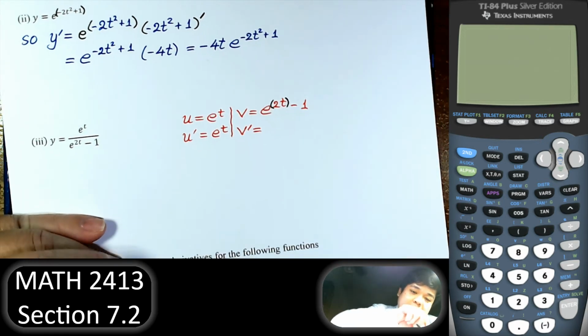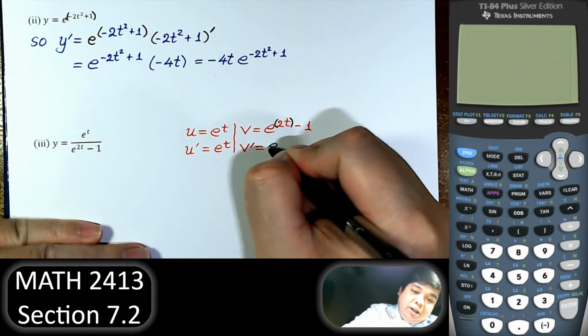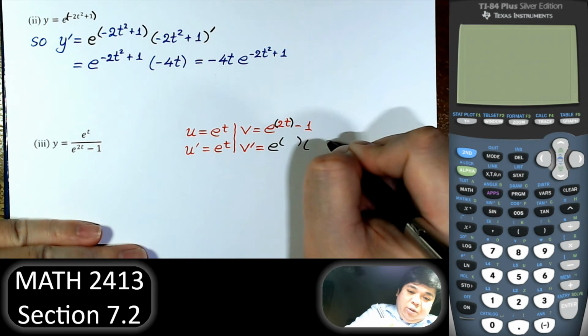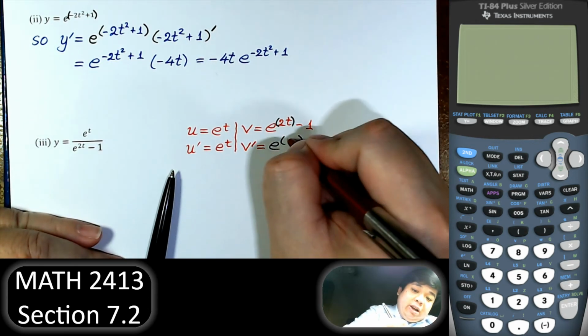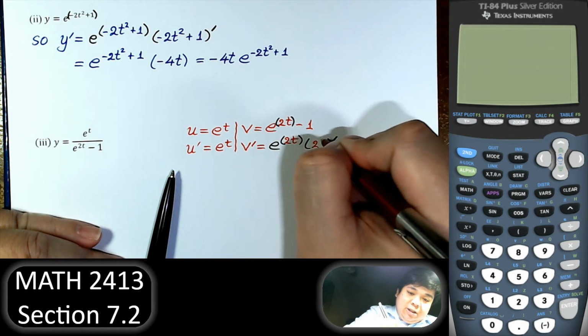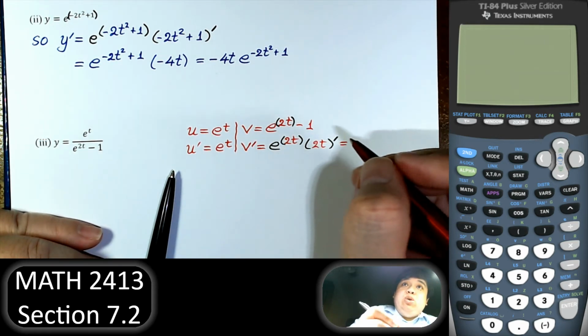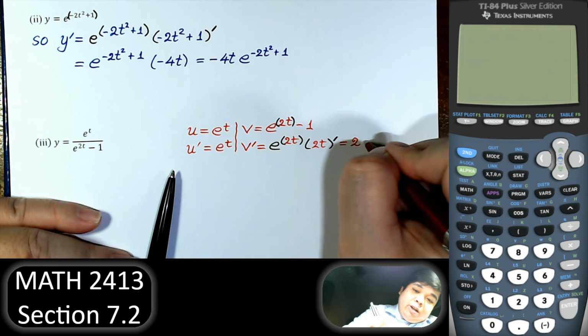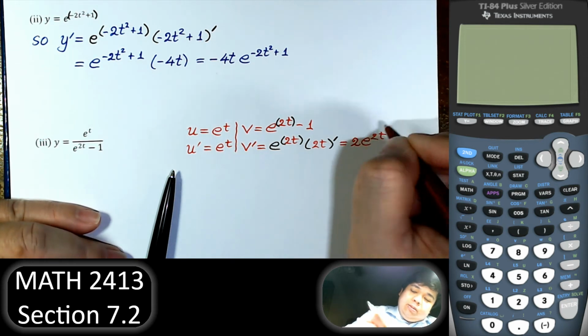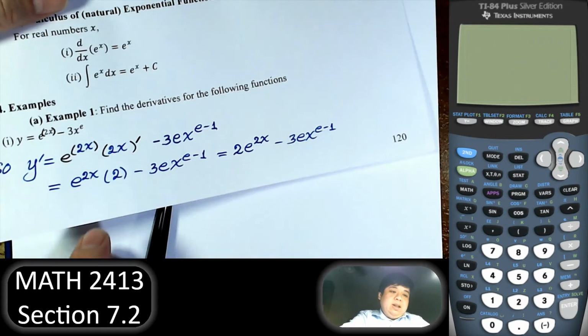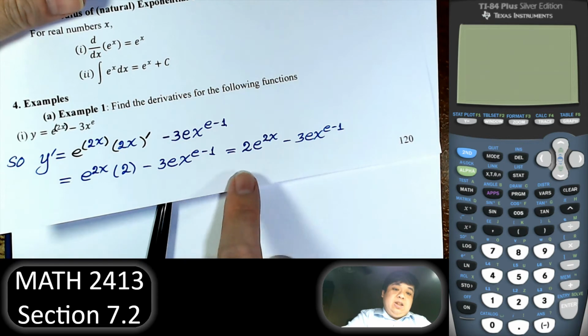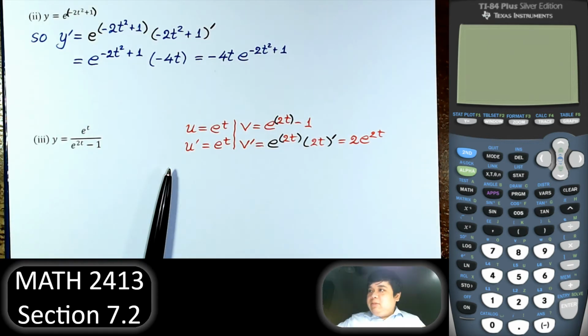It's going to be e to something, and then derivative of that. Derivative of negative 1 is 0, so we don't even have anything there. So derivative of 2t is 2. I just put 2 in front. Because we did do that, right? The derivative of e to the 2x is 2e to the 2x. Yeah.